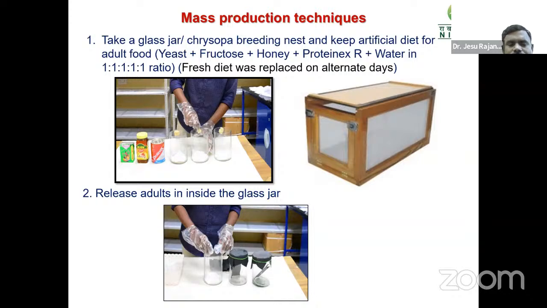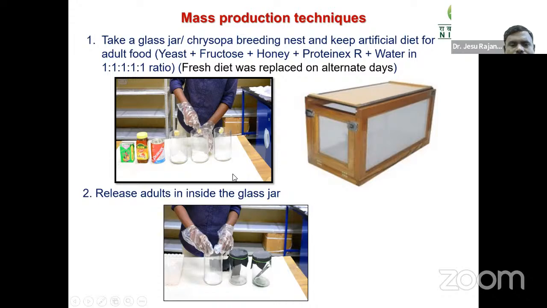That is very, very important. Mix them, soak it in cotton, and stick it on the side of the wall. Some people put in more water or more honey, which makes a mess, so better to avoid this. Just a little quantity is enough.